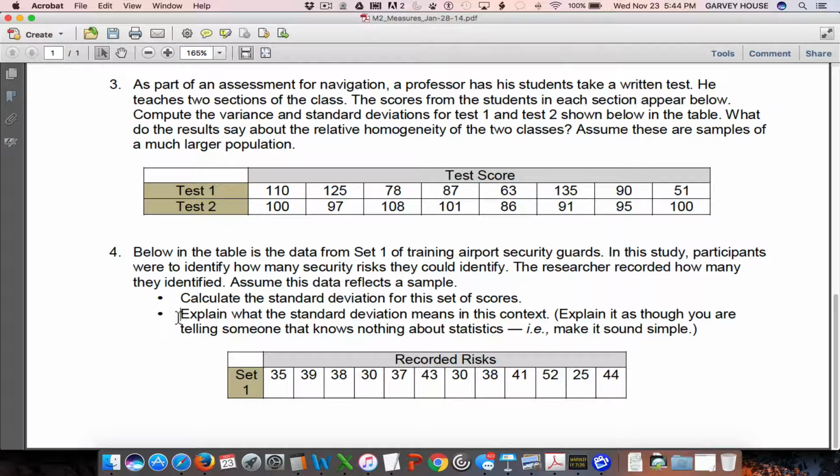Now, it might help you to understand the formula, but that's not really necessary. If you know about it conceptually and then you can interpret relatively what the standard deviation metrics are, then you probably have a pretty good understanding.